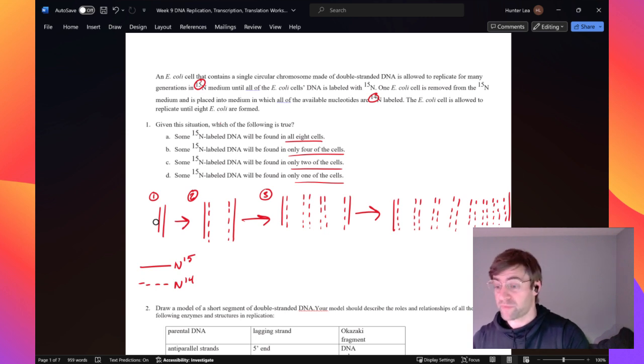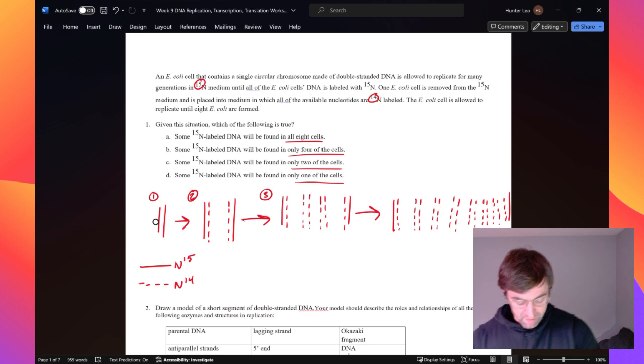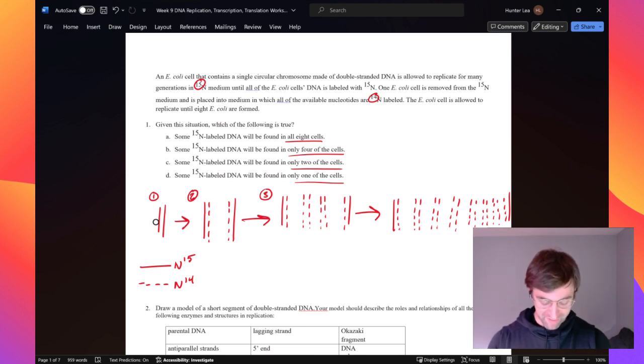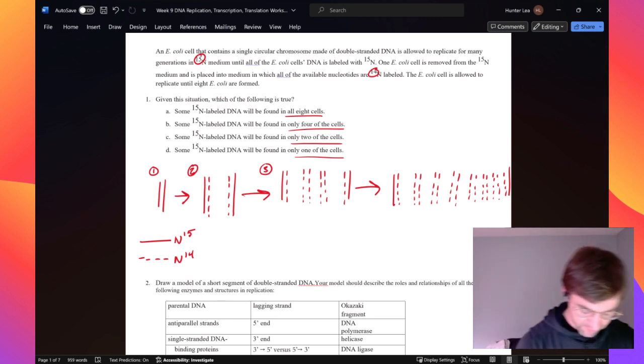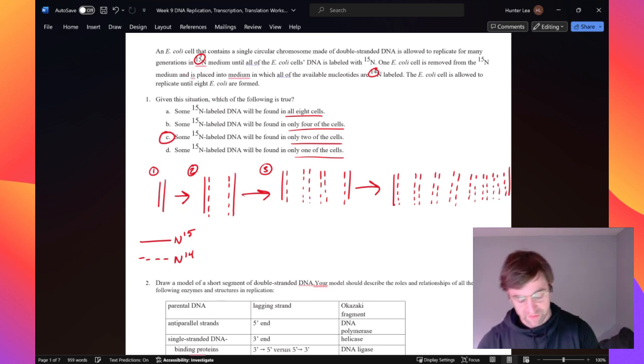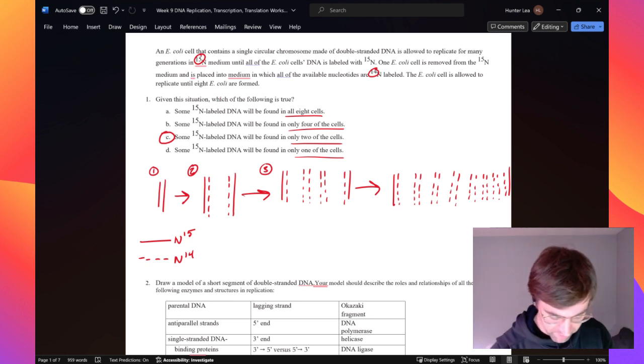This experiment served as the best evidence we have that the semi-conservative model of DNA replication is how DNA replicates. So this is a good experiment to know. It's good to understand. So based on this, C is our final answer. Some nitrogen-15 labeled DNA will be found in only 2 of the cells.